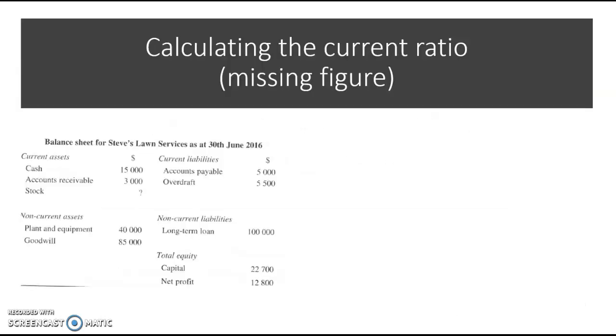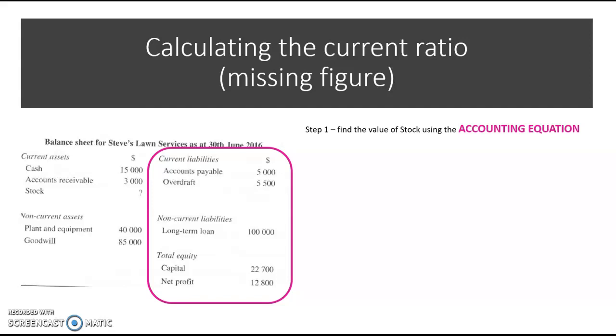Another way that they could ask this question and make it slightly more challenging is to give you a balance sheet, which again is classified, but this time they've actually left out one of the figures that you need to be able to calculate the ratio. So all we do is add one extra step. Step 1, we need to find the value of stock, or we know stock is another word for inventory. All we do this time is use the accounting equation, which we know is assets equals liabilities plus owner's equity. So we start with the side of the balance sheet where we've got all the figures.